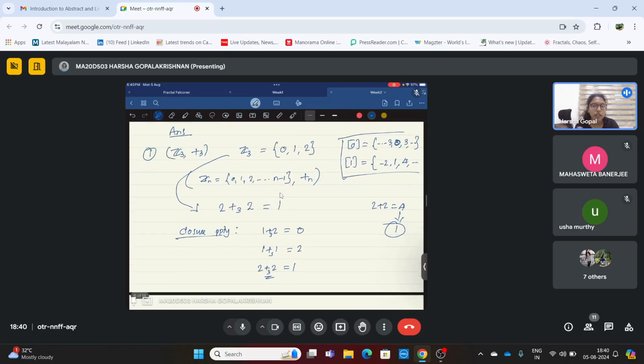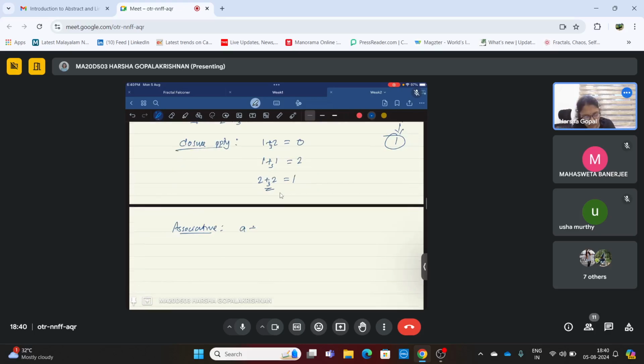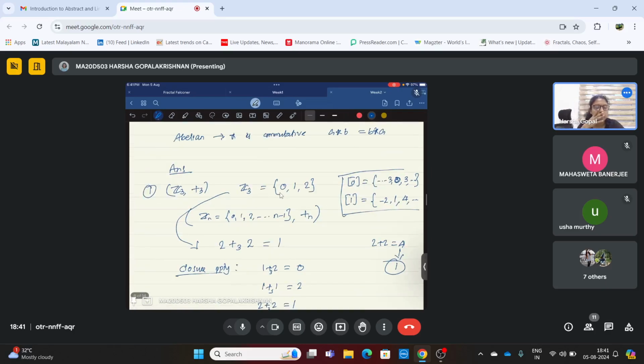You can verify associativity by taking all possibilities of 3 elements A, B, C, and checking A plus B plus C. This holds from the property of usual addition. Now, identity. Can anyone say what is the identity in this group?